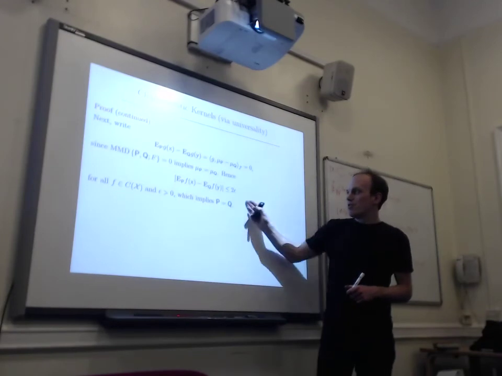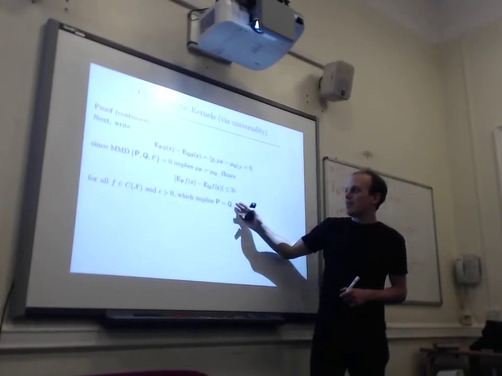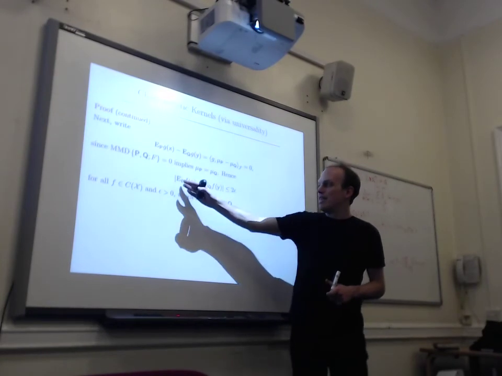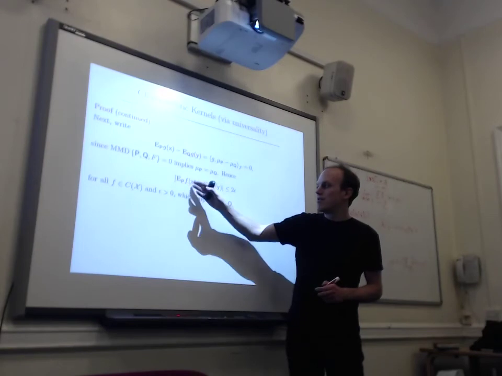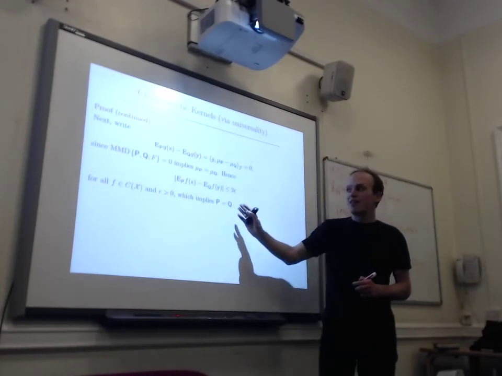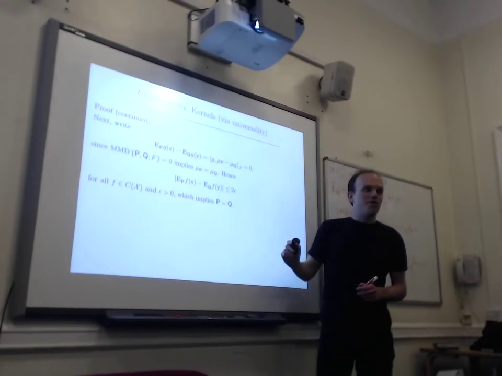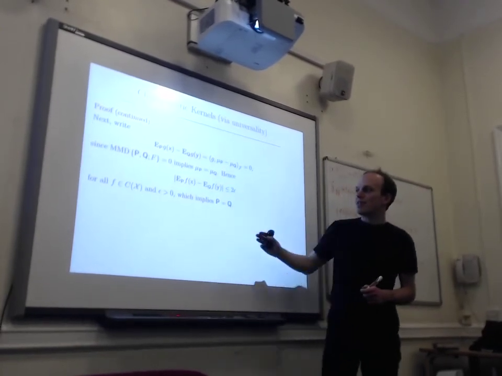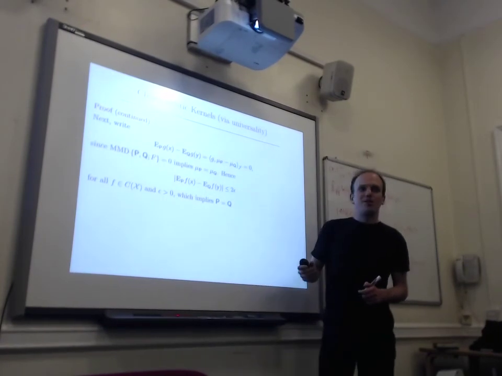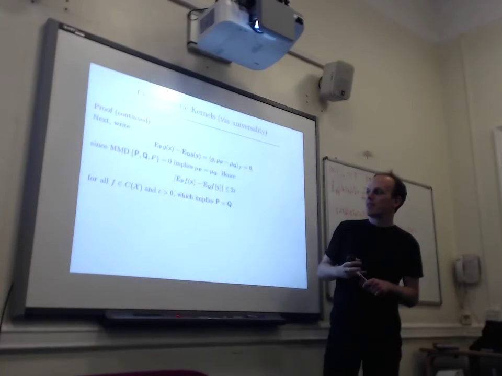So because it's true regardless of how close this gets to 0, I can conclude that the expected difference under p and q of this bounded continuous function is going to have to be 0 for all f in the bounded continuous functions. And so that means that p and q are the same, because that's the mathematical fact we started with.